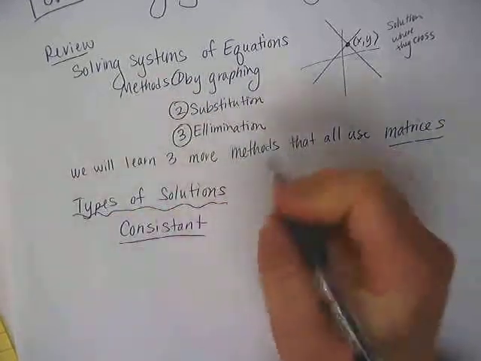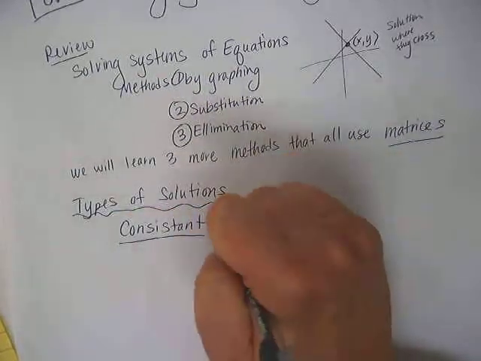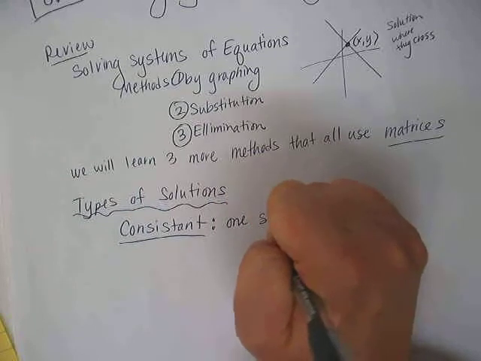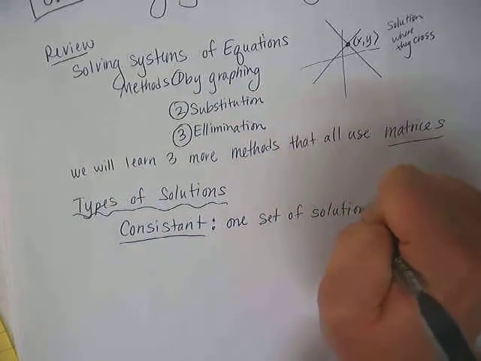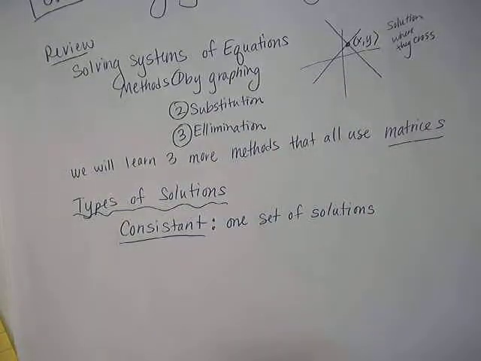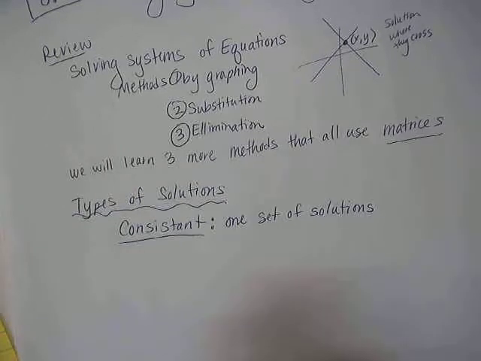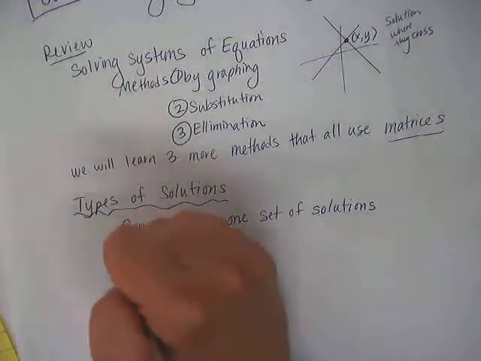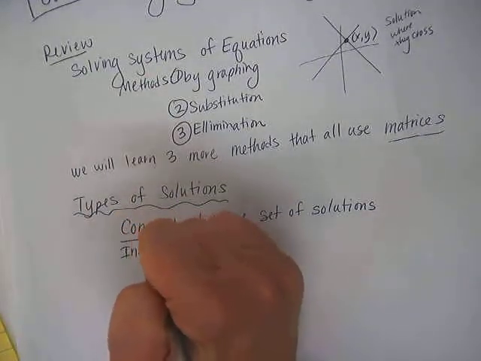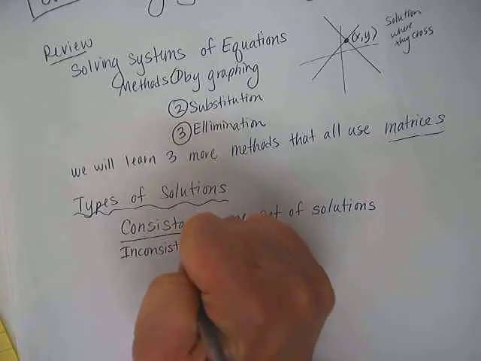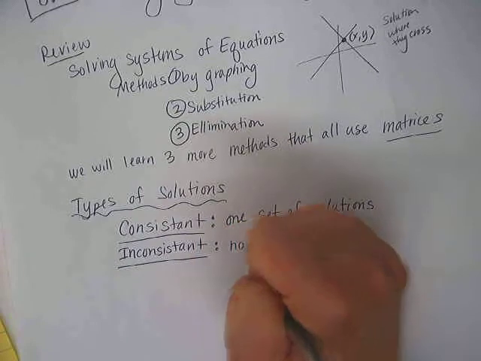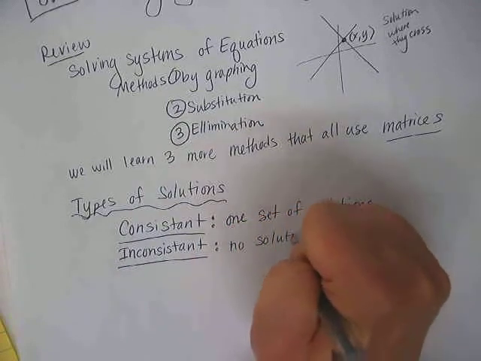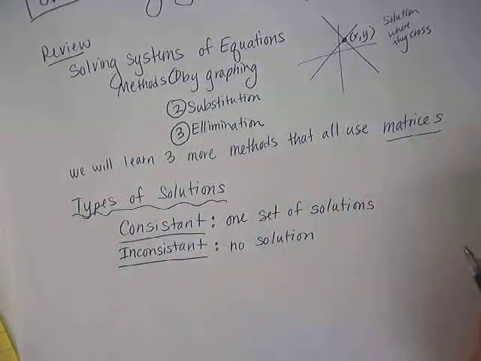You can have a set of solutions that's what we call consistent. And if it's consistent, you have exactly one set of solutions. So that means you get one x value and one y value that make those equations both true. Okay? The other type of solution you can get is what's called inconsistent. When that happens, there's actually no solution.